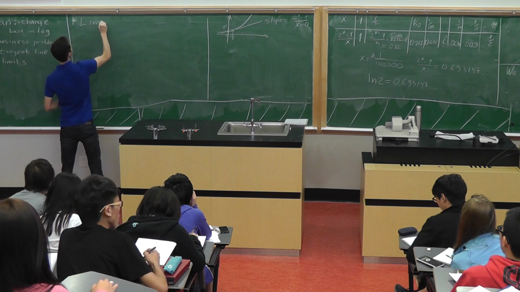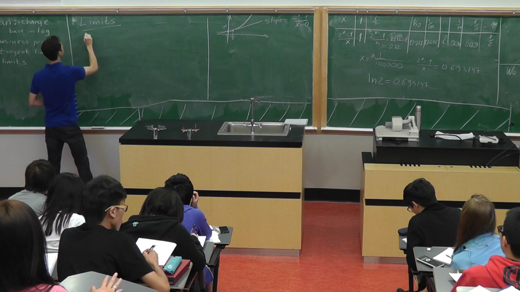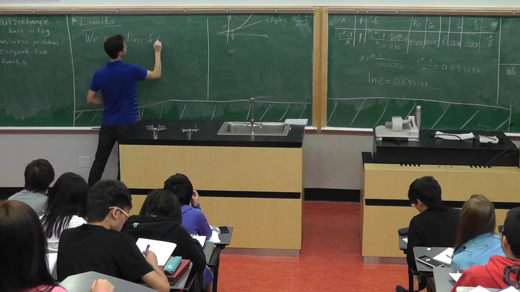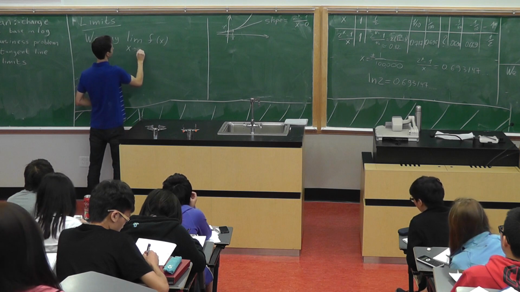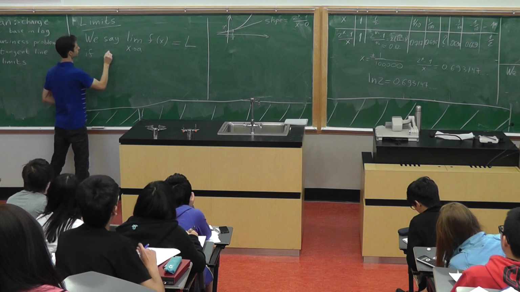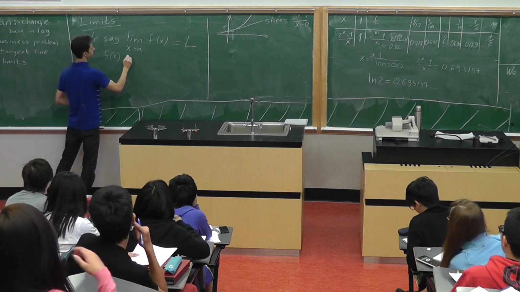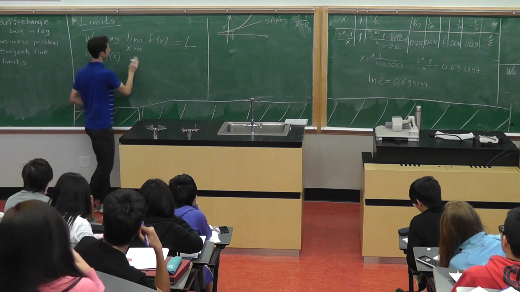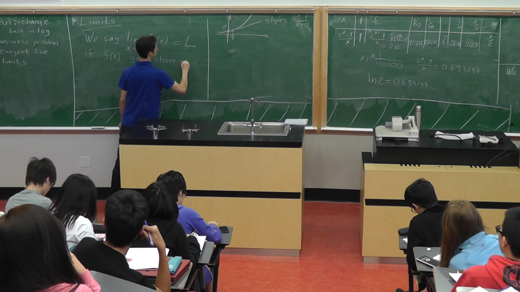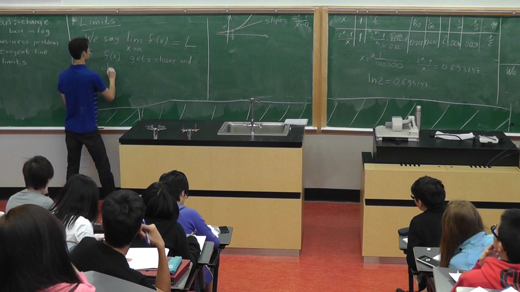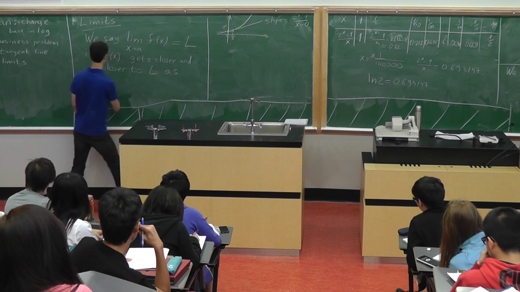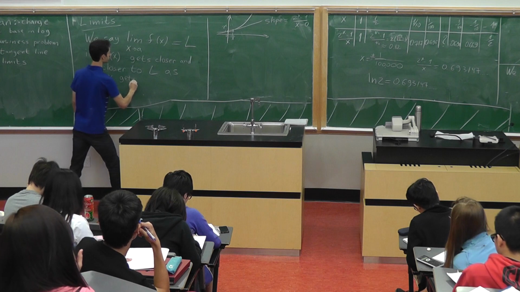So limits, we say the limit of a function f of x at point A is equal to some number L if f of x gets closer and closer to L as x is closer to A.